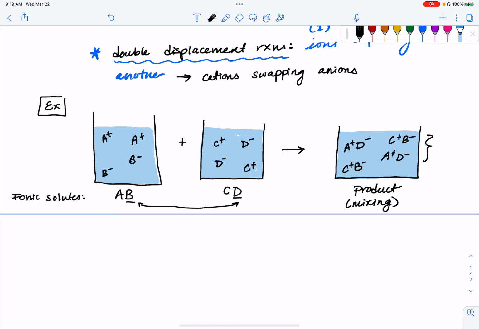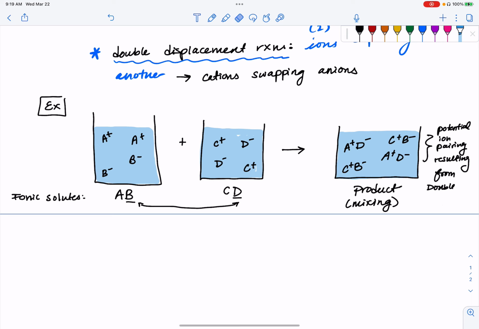So in this reaction beaker, I am showing the potential ion pairing that is resulting from our double displacement.